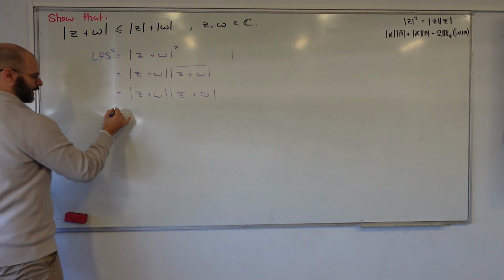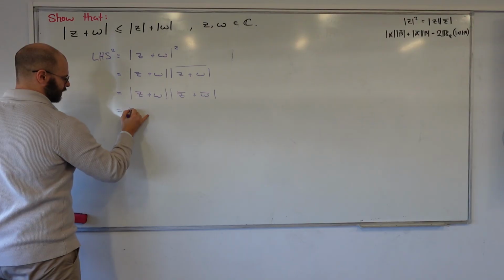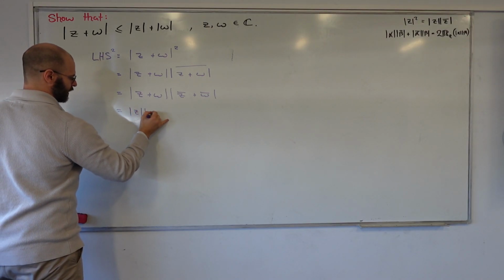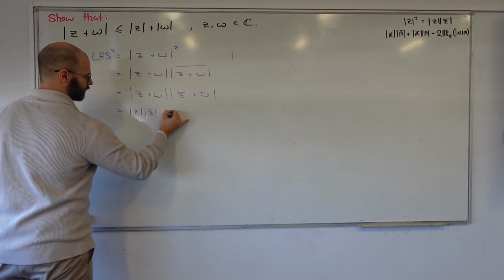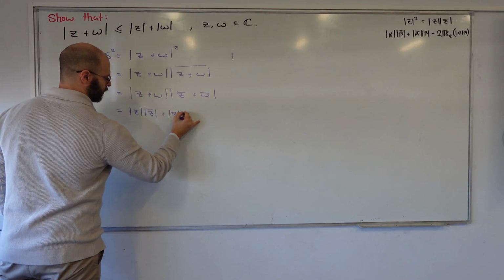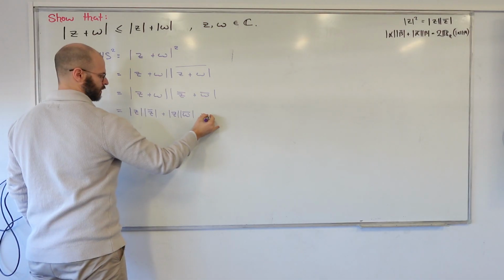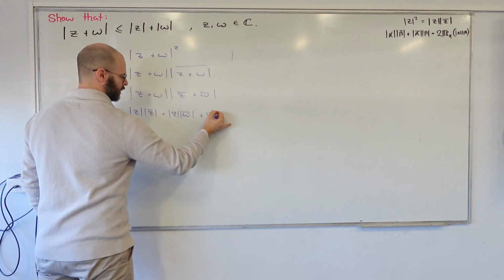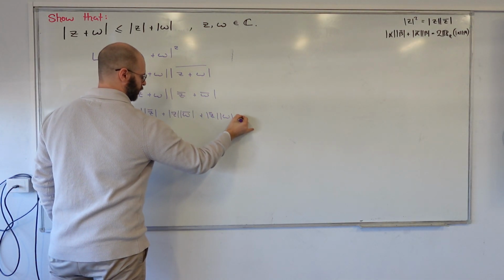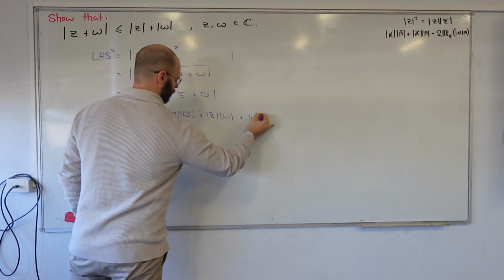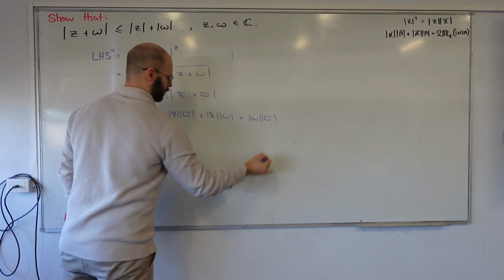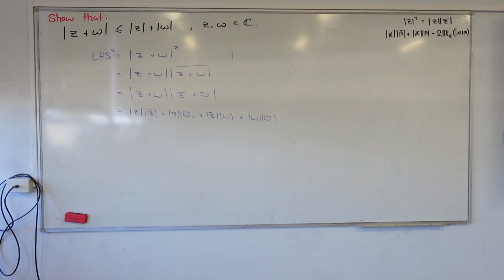And then we're going to expand it out. So this is going to be modulus Z squared plus Z times omega bar plus omega times Z bar plus modulus omega squared, like so. Is that all right? Do we see what's happened?